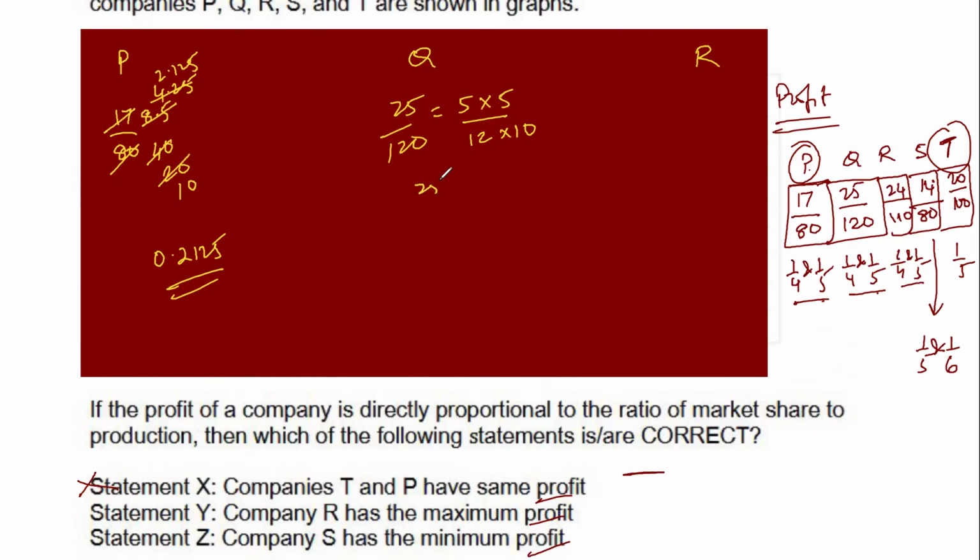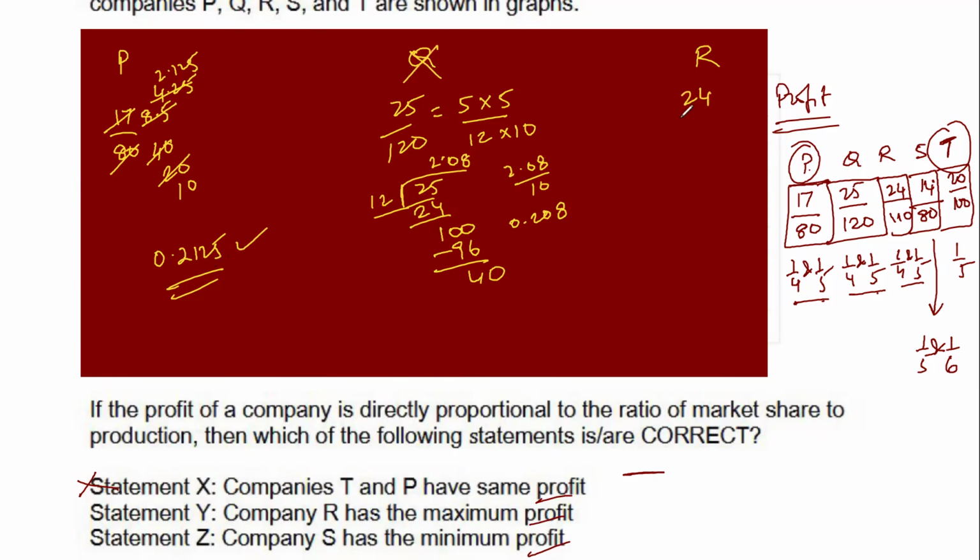Now all I have to do is 25 by 12. 12 twos are 24. I put a point, a 0, and then 12 eights are 96. And I don't care after that. This is 2.08 something. 2.08 something by 10 is 0.208. So Q is out because this is greater.